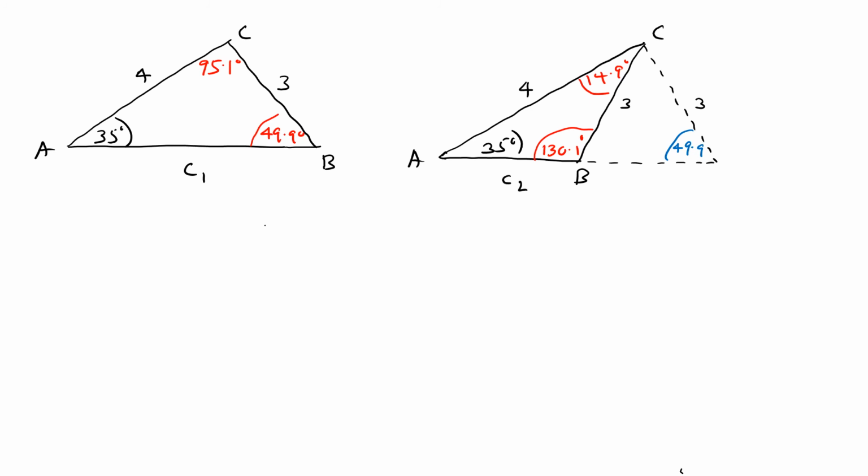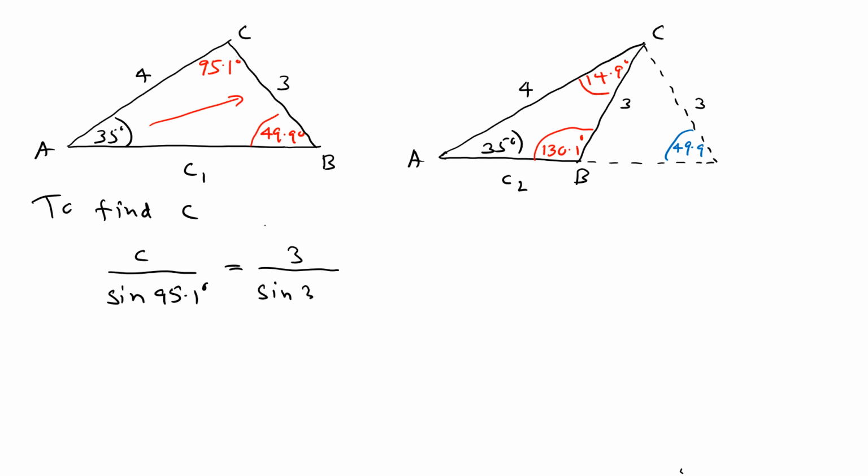So what we're trying to do is find these two values, C1 and C2, corresponding to these two cases. For that, we're going to use the sine law. To find C, we can write C over the corresponding angle, which is sine 95.1, equals, and then we can use one of those pairs, the A pair, 3 over sine 35.